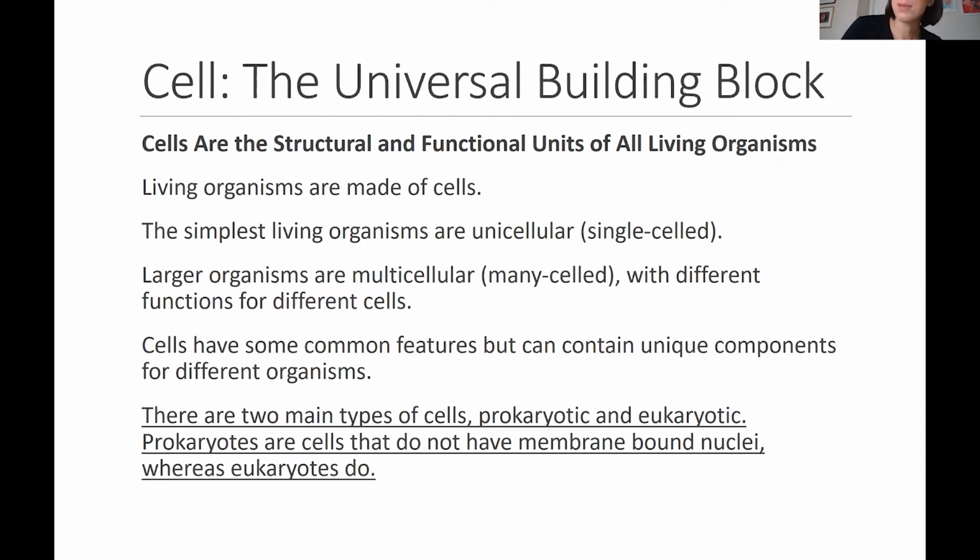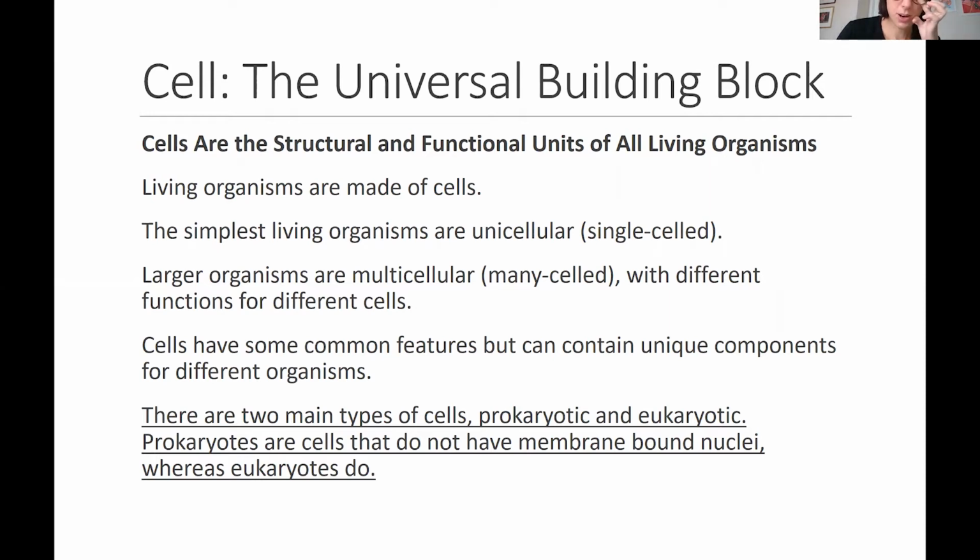Cells have common features, but they contain unique components per organism and per type of cell. As I brought up in a previous slide, there are 2 main types of cell that we see in all of life, and those are prokaryotic cells and eukaryotic cells.